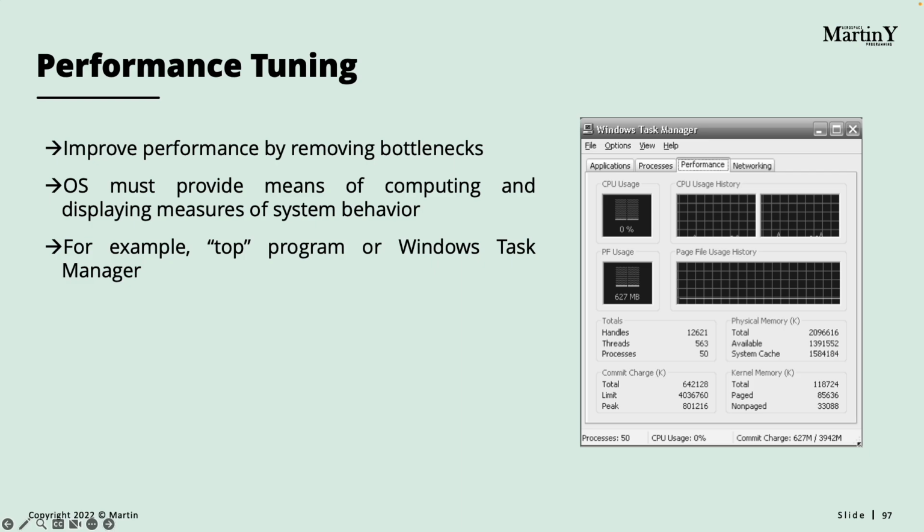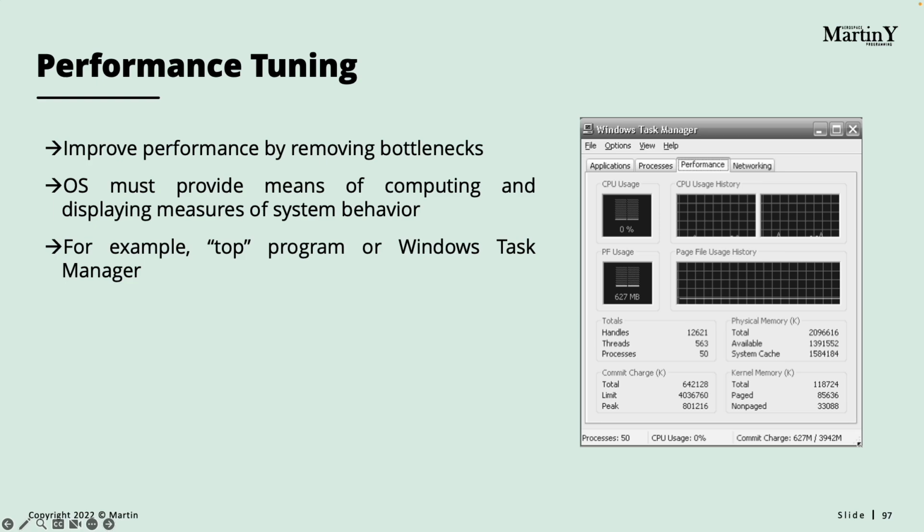Okay, so I'm not gonna cover too much performance tuning, okay, but this is pretty much how we can use, even as users, let's say the task manager, or I forgot what it's called on Mac, in order to manipulate processes and to release resources on our device.